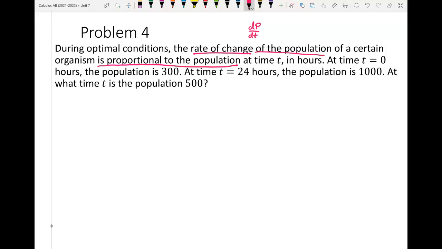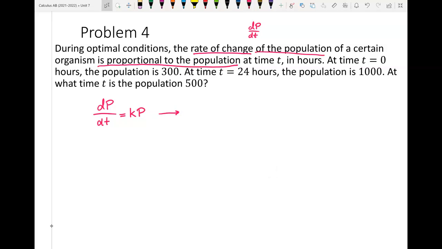That is just our direct variation, our direct proportionality. So we have dp dt directly proportional to the population would be k times p. That follows exactly what we've been doing, right?